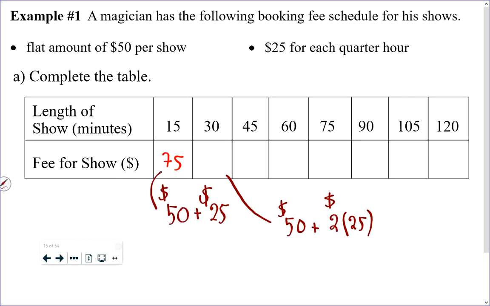Now, I have a question for you. Did we really need to do this? Did we really need to write this to figure out that the next one is $100? Or was there a shortcut we could have taken? Yeah.